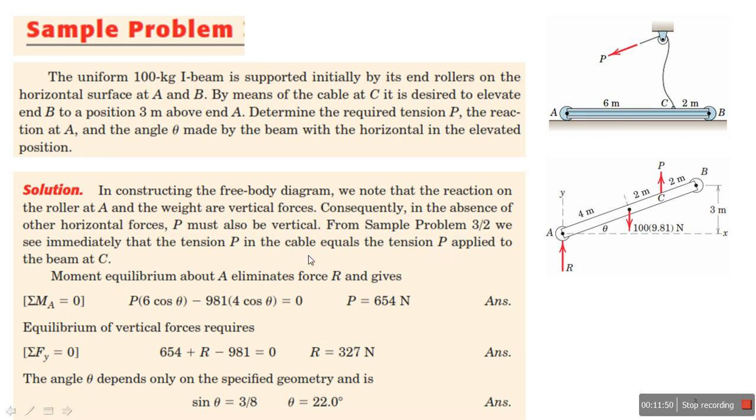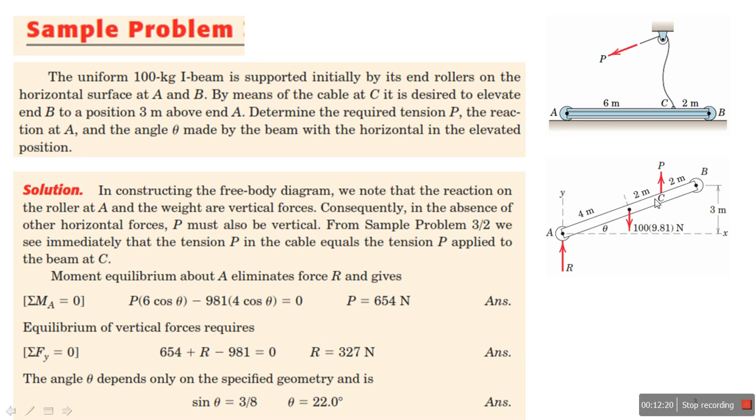Now if I take the moment equilibrium about A, I have two forces. Now you can see this P, the angle here is unknown. P multiplied by this dimension, not that, by this dimension, so it is 6 cosine theta.